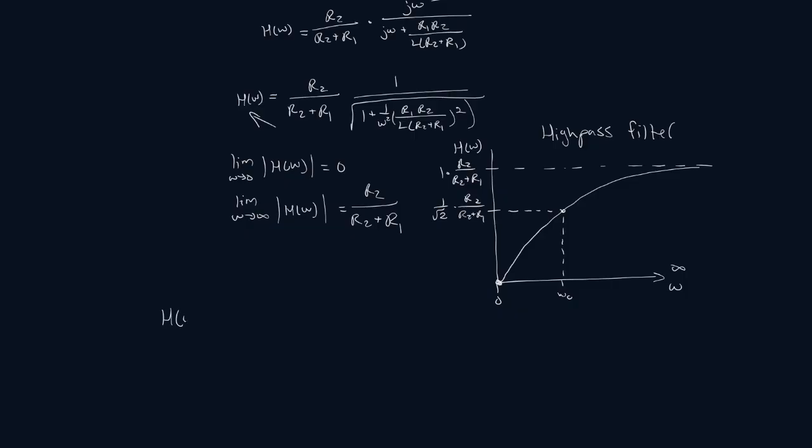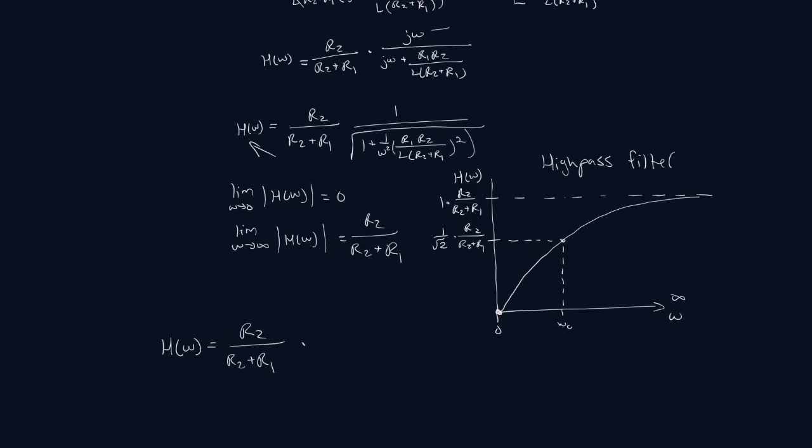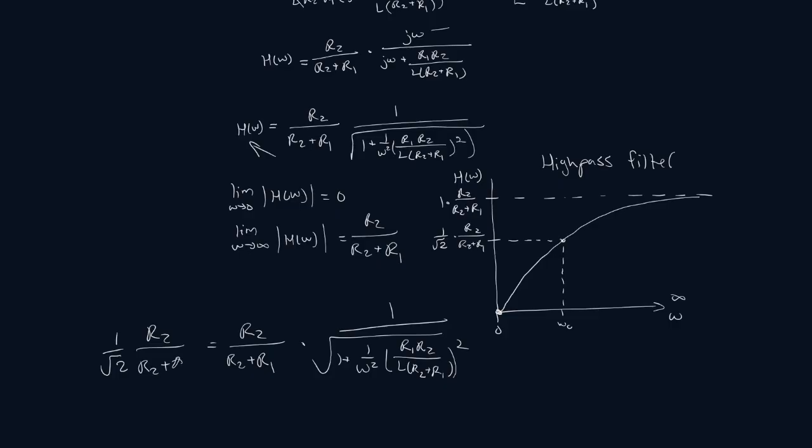We know H(W) is equal to R2 all over R2 plus R1 times 1 over the square root of 1 plus 1 over W squared times R1 R2 all over L times (R1 plus R2) squared, and H(W) is 1 over the square root of 2 times R2 over R2 plus R1.